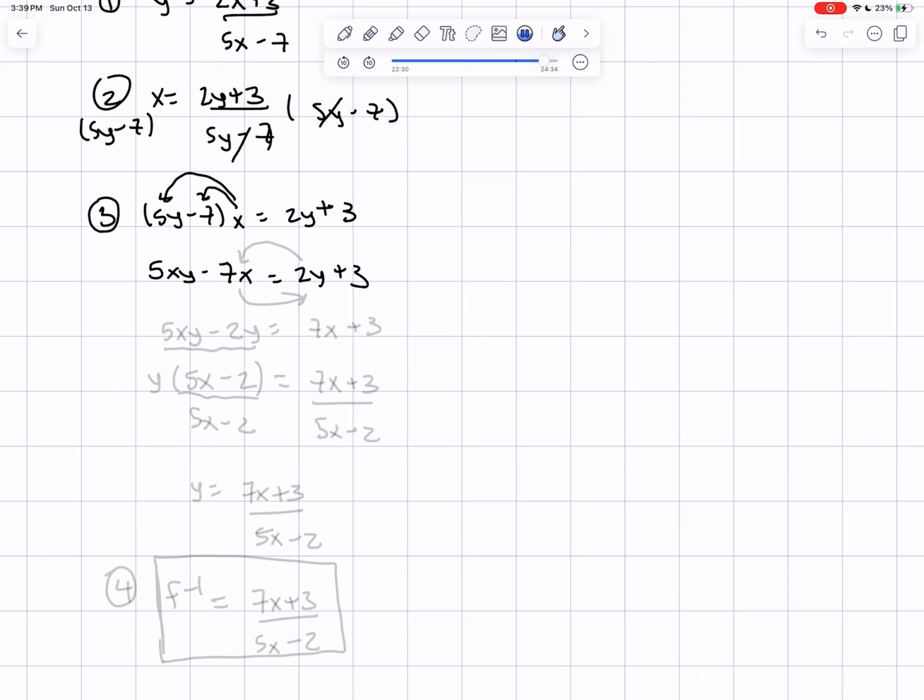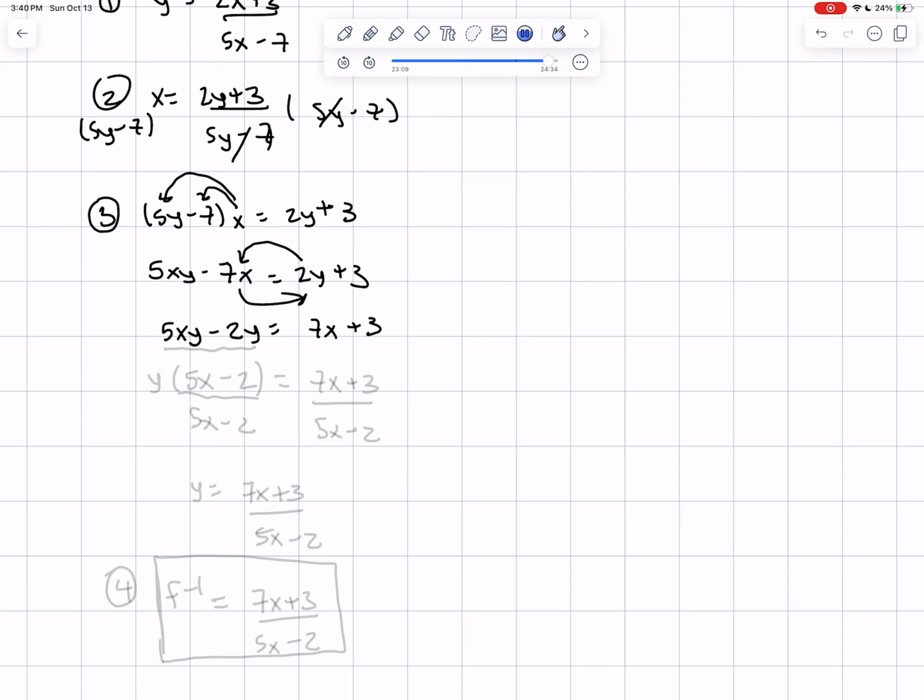So now I want to isolate my y. So I want to move my 2y over here, and I want to move my 7x over there. So we get minus 2y, and now you write the plus 7x. And now I want to move the x to the other side. So how can I do that?